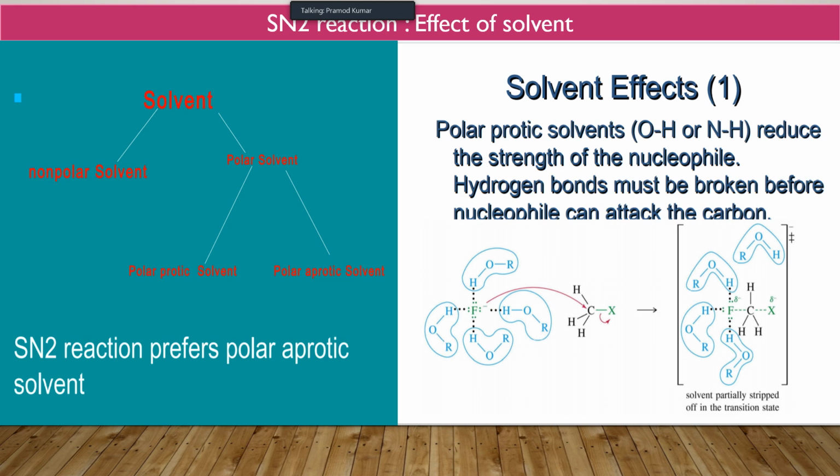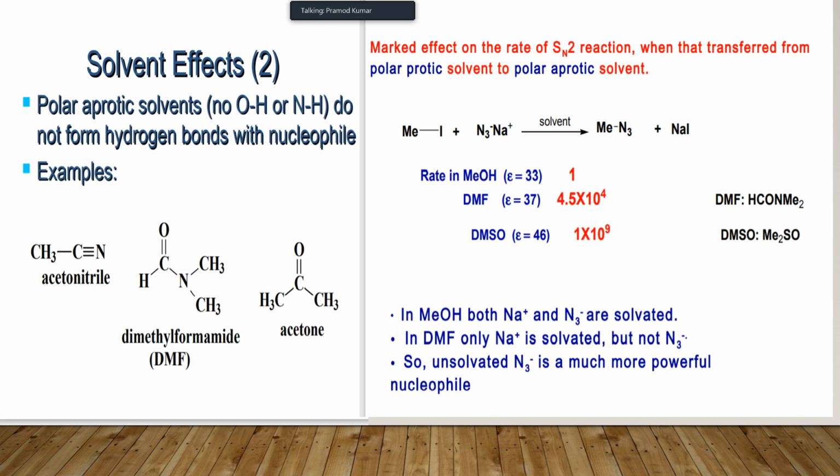If you can see over here, water will form hydrogen bonds with the nucleophile, and HF will form hydrogen bonds too. So that increases the hydrogen bonding, and when hydrogen bonding is present, reactivity decreases. So you should never use a polar protic solvent.